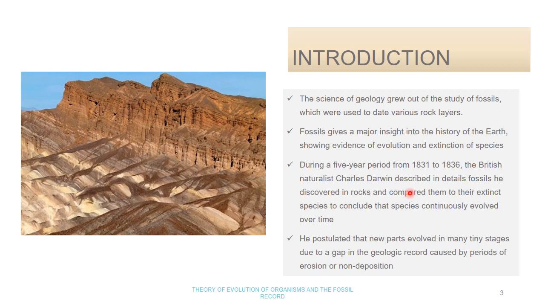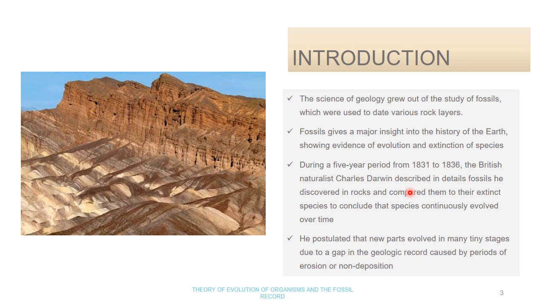And with that, he made two observations. One is the fact that the fossils they found in rocks seemed to change even within the same species. They tend to take up different forms from one rock type to another.